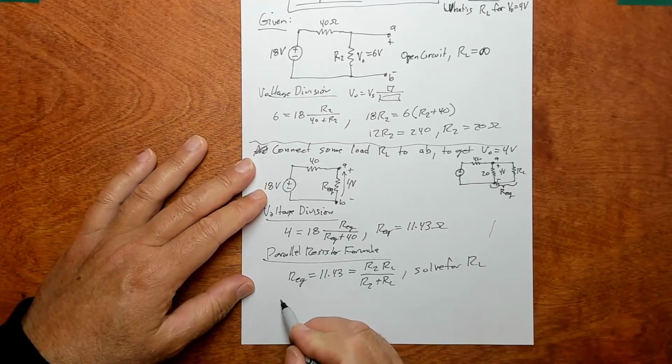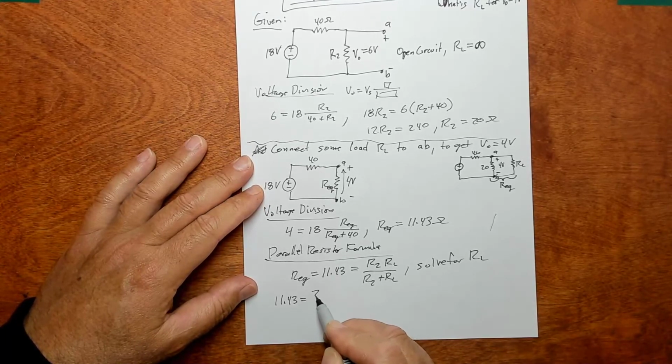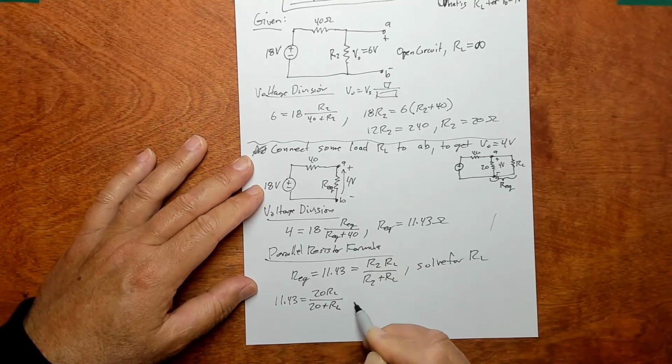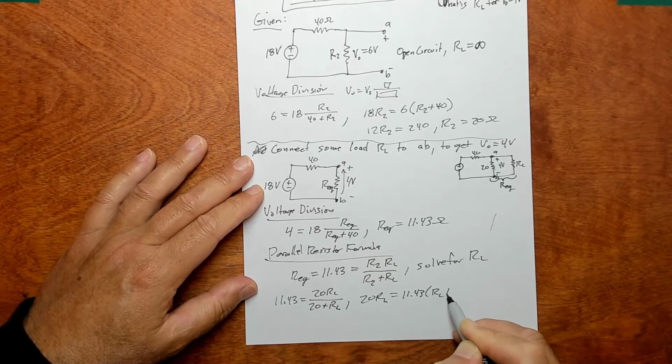So let's just solve for RL, and I'll do the algebra. 11.43 is 20 RL over 20 plus RL. So 20 RL equals 11.43 times RL plus 20, right?